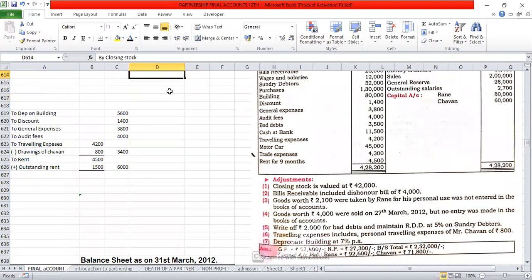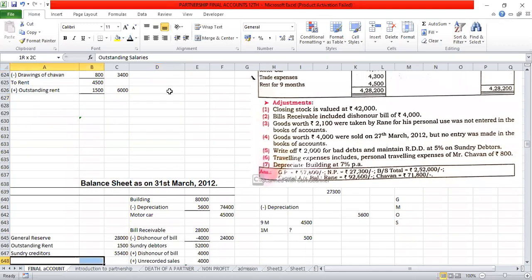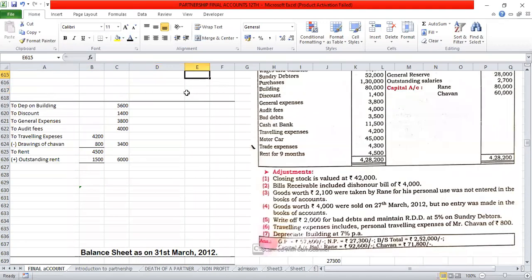Next, outstanding salaries 2,700. Balance sheet liability side, because it is an outstanding payable to someone, called a liability. Then capital balance we have already recorded. Then adjustments one by one.